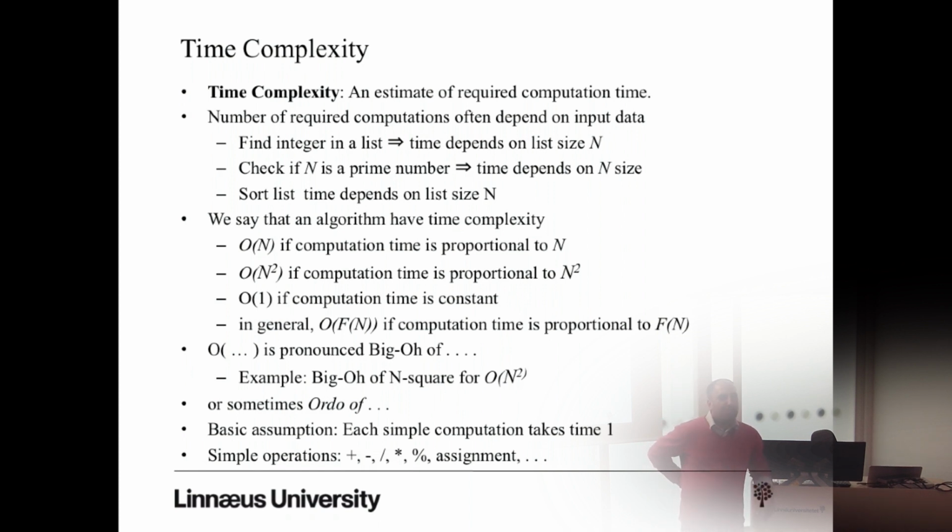Similarly, if you have an algorithm to find a prime number, it again depends on the size of the input. If it's a smaller value, say less than 10, a single digit value, for example if you want to test whether 8 is a prime or not, after only 2 or 3 divisions you will find out.